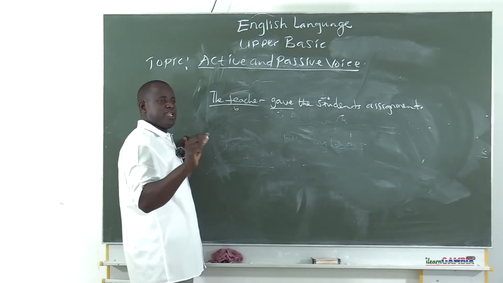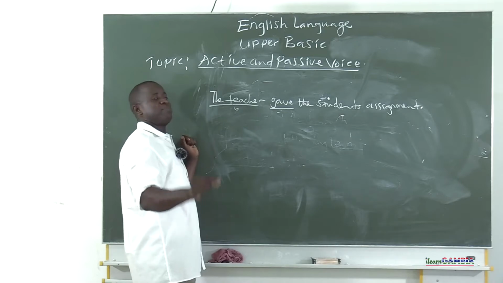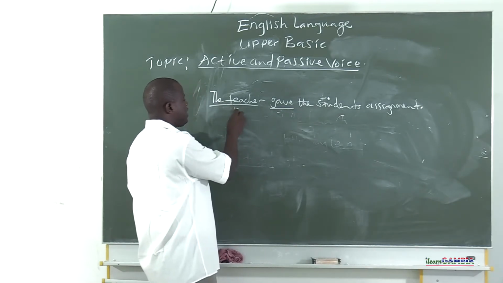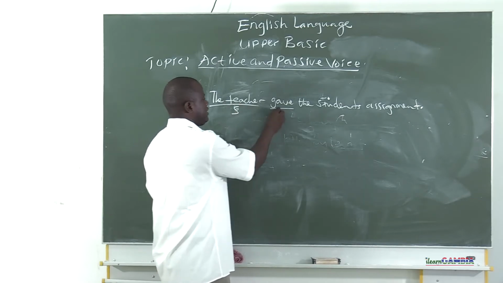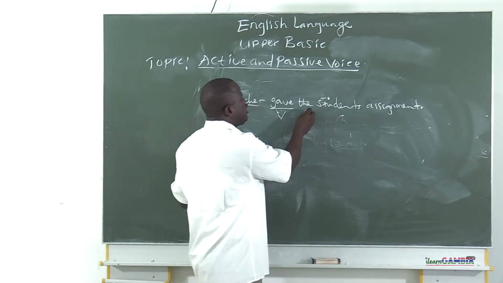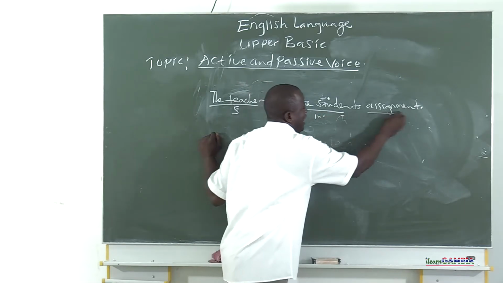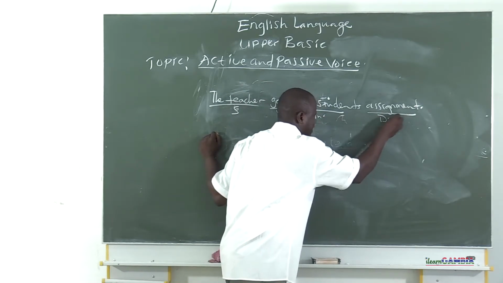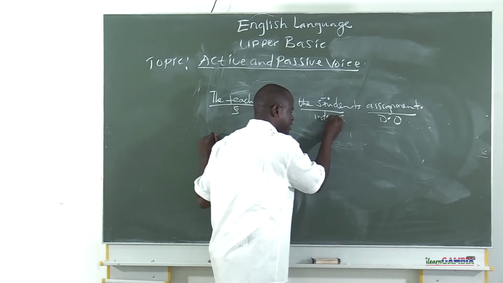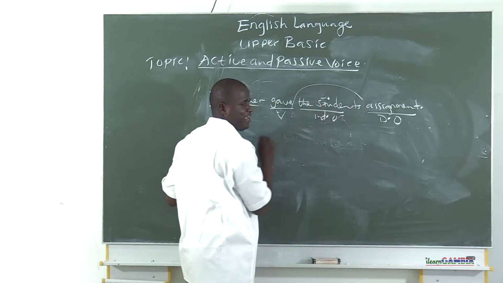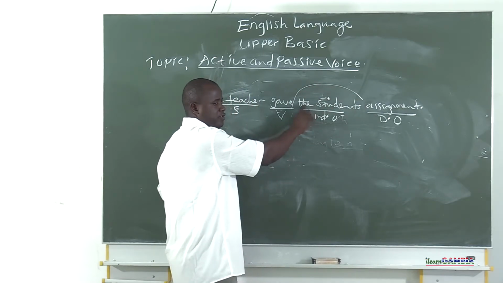That is, it has a clear subject plus verb plus an object. Now let's move on. Here we have the teacher as the subject, gave as the verb. The students, we call this indirect object. And assignment, we call it direct object. So what the teacher actually gives is assignment. To who? The students.